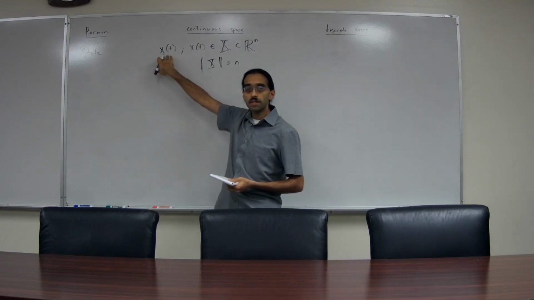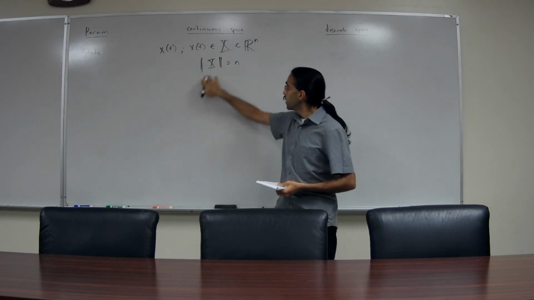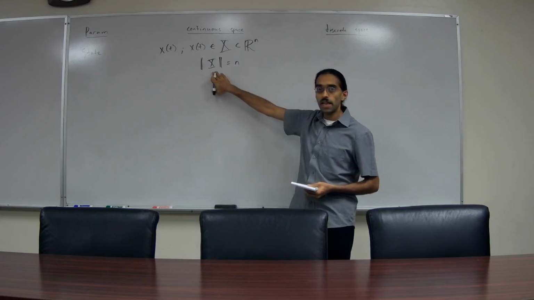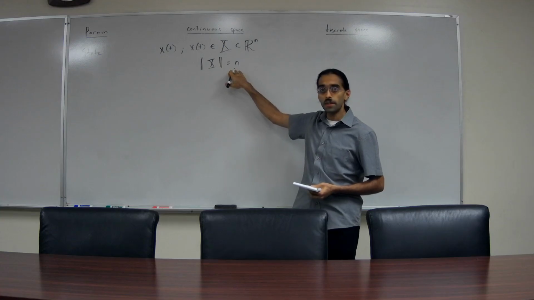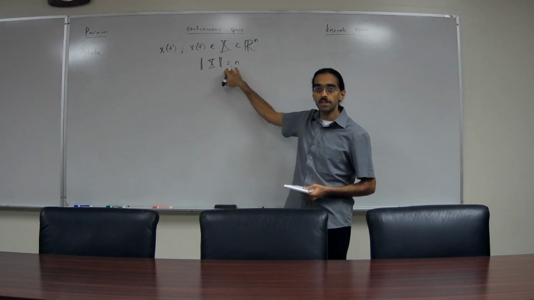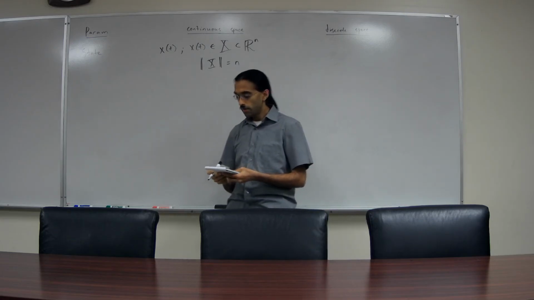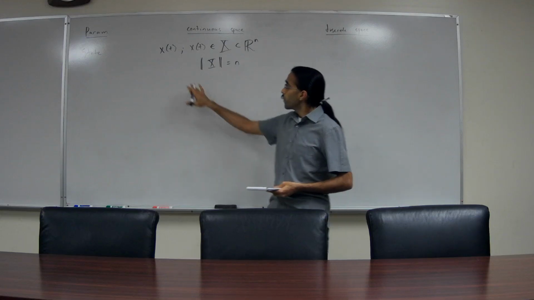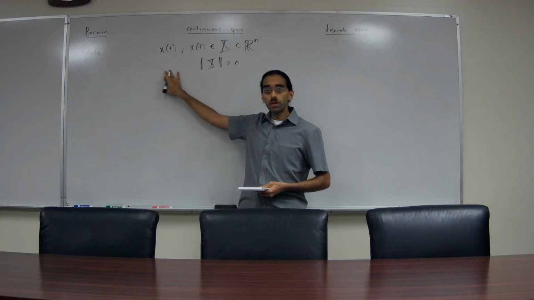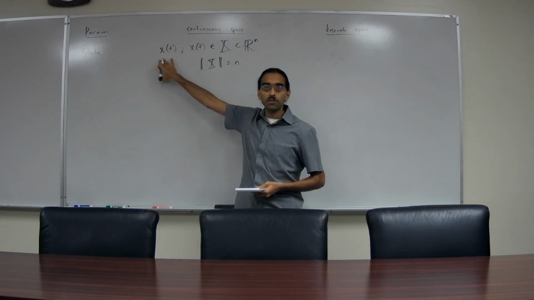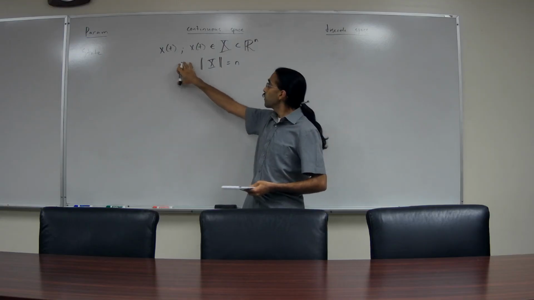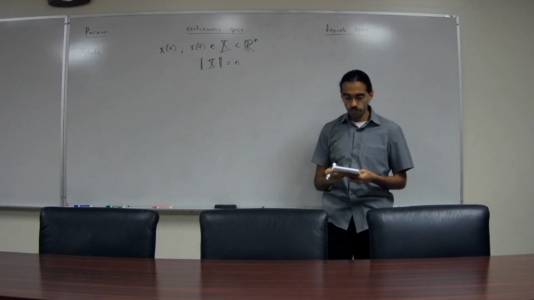So if x is an n-valued vector, then the size of the state space X and the dimensionality of the state space X and the size of the problem is going to be n. This is what we use for the generic system. We're going to use that for continuous space systems.